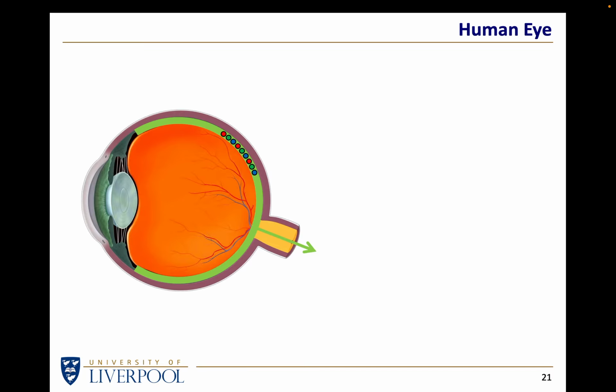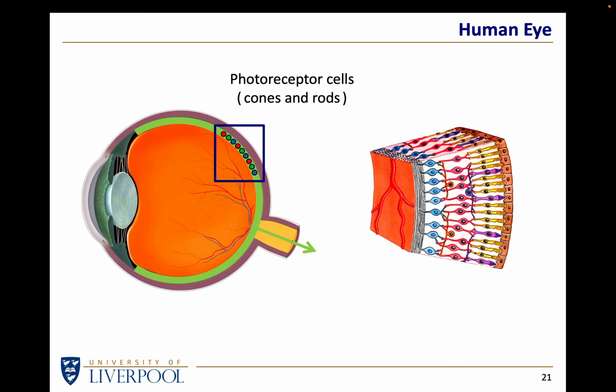If we come back to this idea of having 3 sets of photoreceptors in the back of the eye, if we look at that in a little more detail, well, it's a lot more complicated than my very simple diagram of just red, green, blue dotted over the back of the eye. There's a whole set of photoreceptors in there. The cones and the rods are mixed together. We don't need to worry about exactly how. But one thing that is quite important is that there are a whole load of cells in there which aren't the photoreceptors themselves.